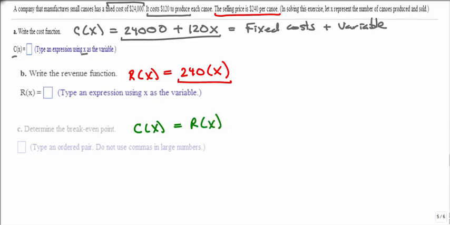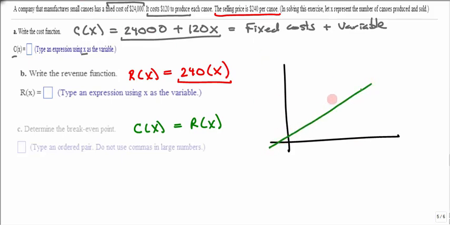So if we were to look at a graph of what was going on here, we'll assume that we're only selling positive values of x. I might have my cost function. So this would be my C of x. And then I would have my revenue function. This would be my R of x.